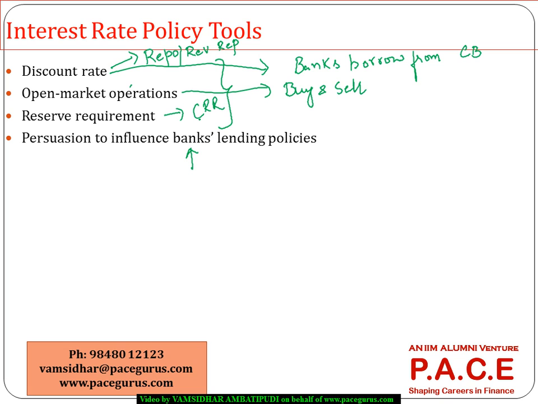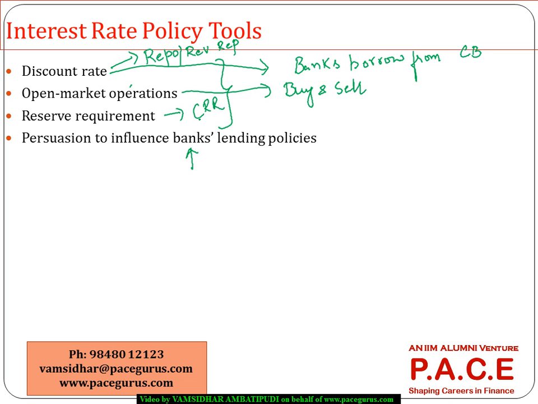So let's say you have deposited $1,000 into the bank. 8% of that, which is $80, has to be deposited with the RBI. So only $920 is available for lending for you. That is the typical meaning of the reserve requirement.